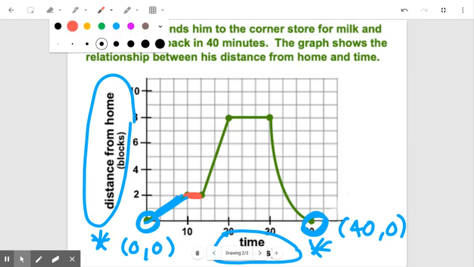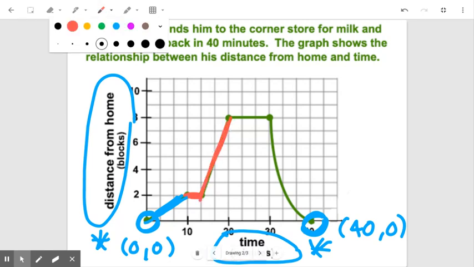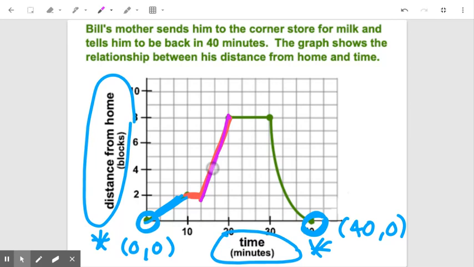Then what happens is he decided, oh my gosh, I only have 40 minutes to get there. Maybe in this section right here he decided, I better get there fast. So maybe he ran from here to here. So from 2 blocks to 8 blocks away from home, he ran.